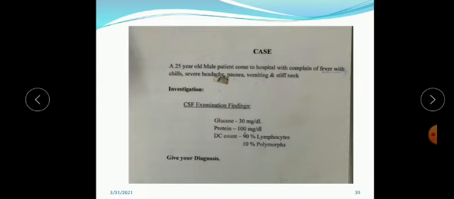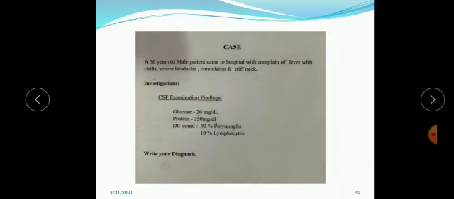So the two conditions we have to think of are either tuberculous meningitis or viral meningitis. But in viral meningitis, glucose level remains normal. So here we can give the diagnosis: it is tuberculous meningitis.